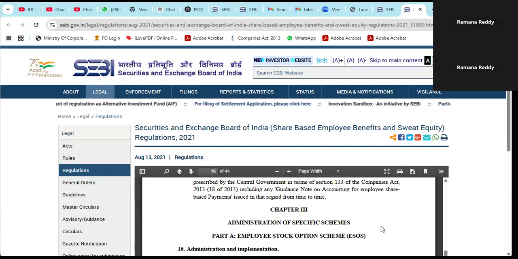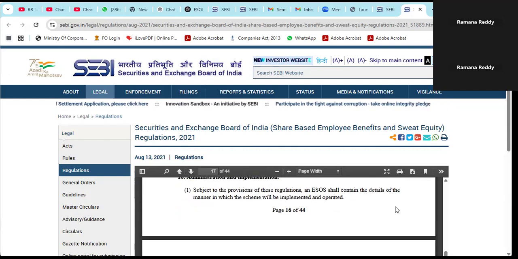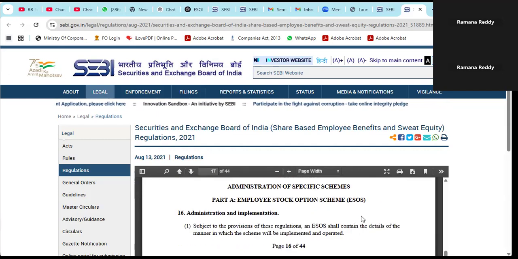Part C talks about SAR, stock appreciation rights. Part D talks about the General Employee Benefit Scheme, GEBS. And Part E talks about retirement benefit schemes, RBS. So we are going to discuss the administration of a total of 5 schemes, Part A, B, C, D and E. First we are talking about the employee stock option scheme, ESOS, Part A of Chapter 3.